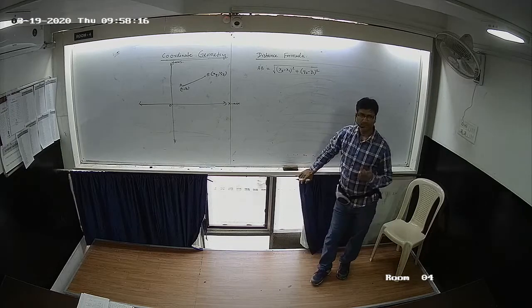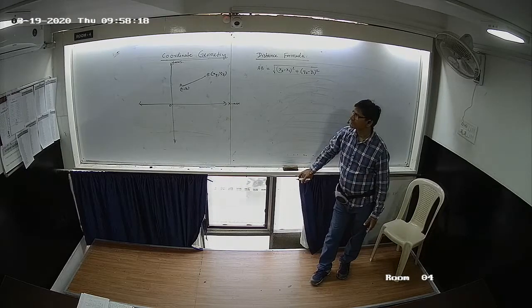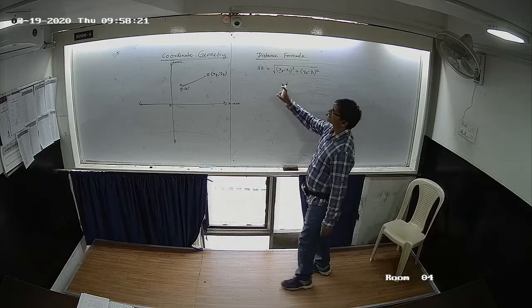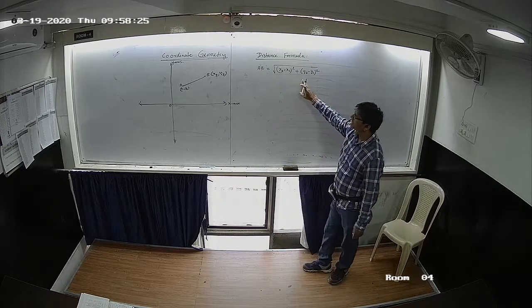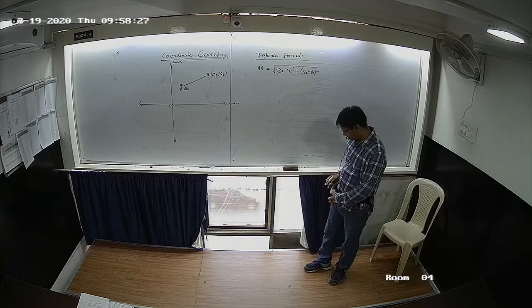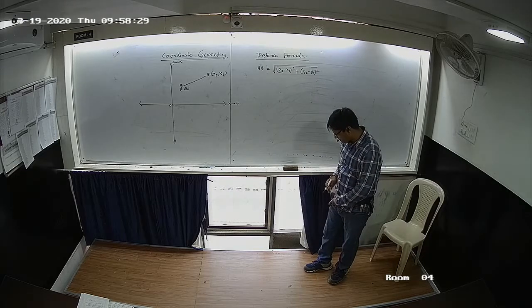We have already proved this. So the formula for the distance is AB equal to the square root of (x2 minus x1) whole square plus (y2 minus y1) whole square.